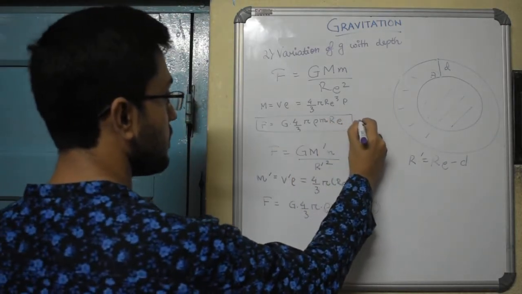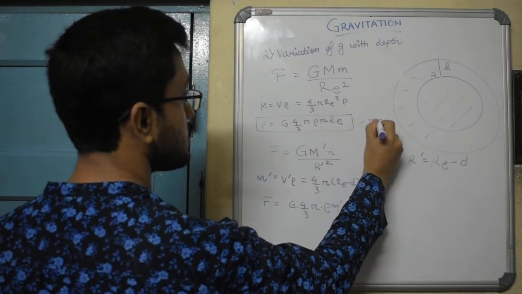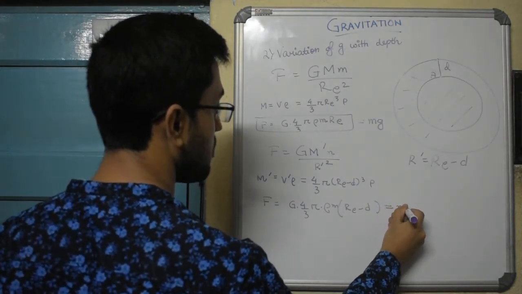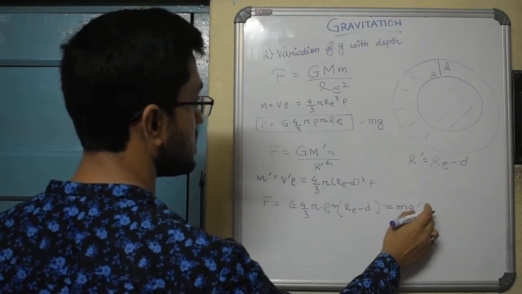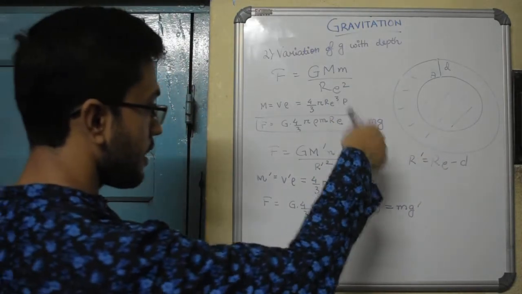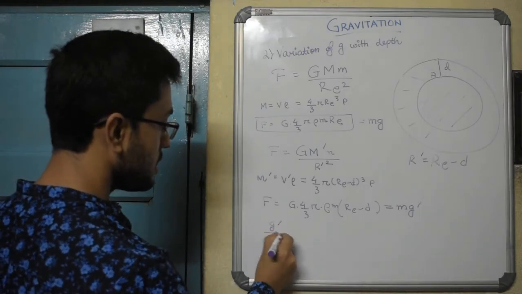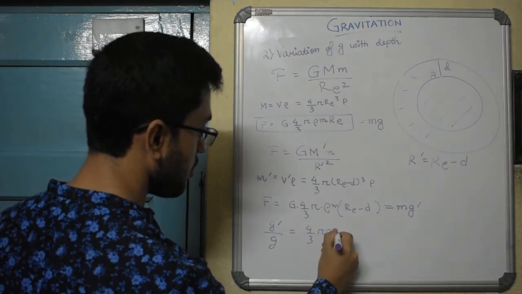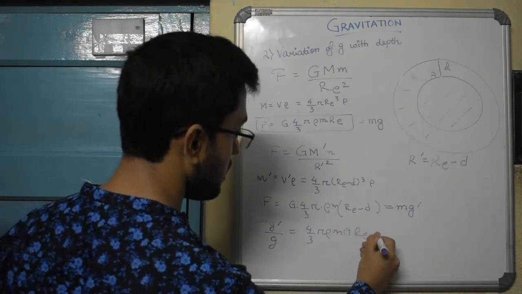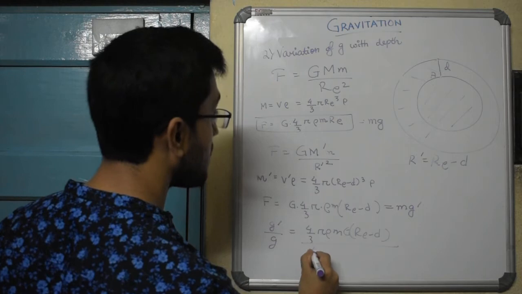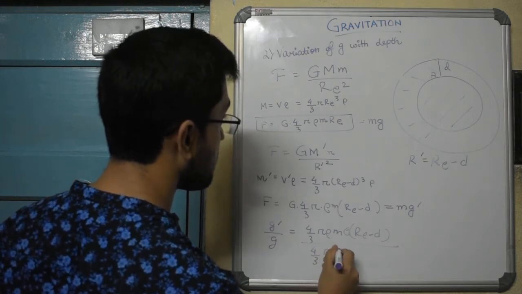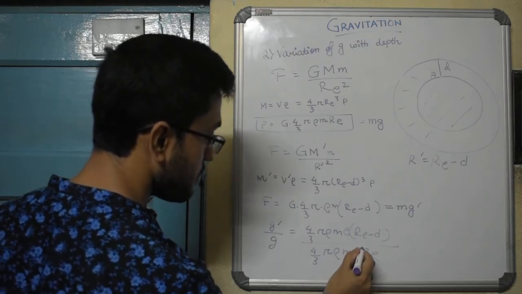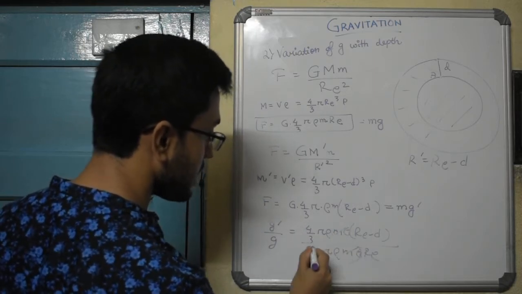So the force that you feel at the surface is your mass times the value of acceleration due to gravity g. The force you feel here is your mass times the acceleration due to gravity g dash at the depth. You take the ratio of these two quantities: g dash by g becomes 4/3 pi rho m G (R_E minus d) divided by 4/3 pi rho m G R_E. So this entire 4/3 pi rho m G thing cancels out.